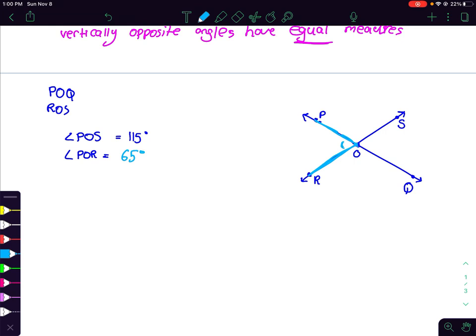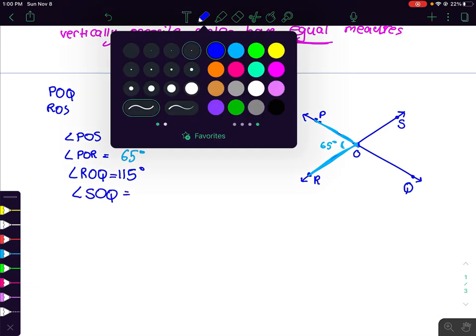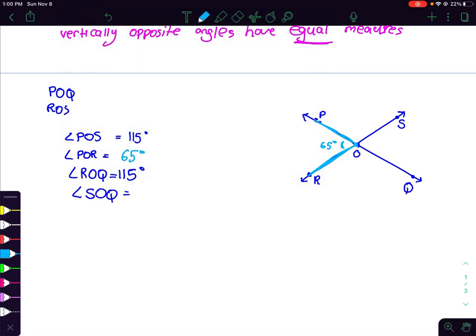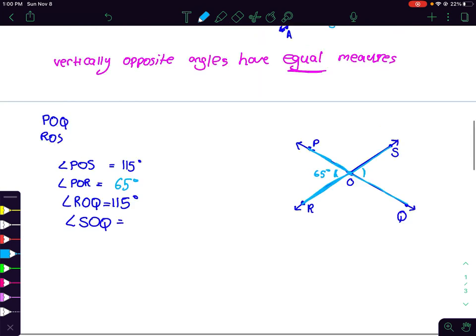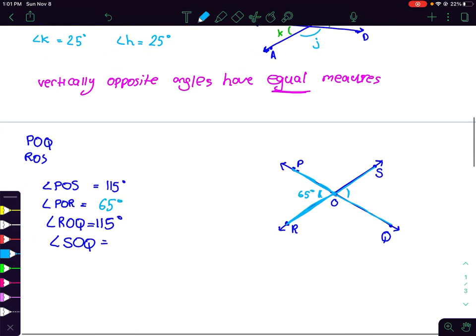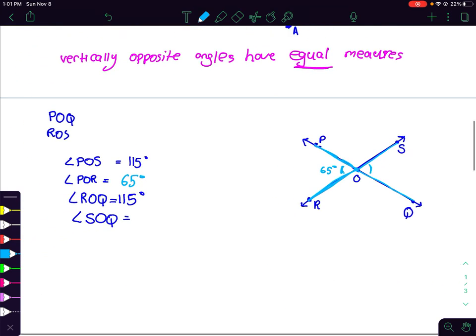So this angle is 65. Okay. ROQ is 115. SOQ is, what do you think that will be? SOQ. How much do you think that will be? It's opposite, right? We learned it on the top. Then it must be 65.